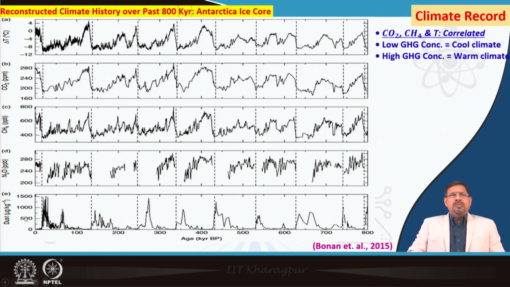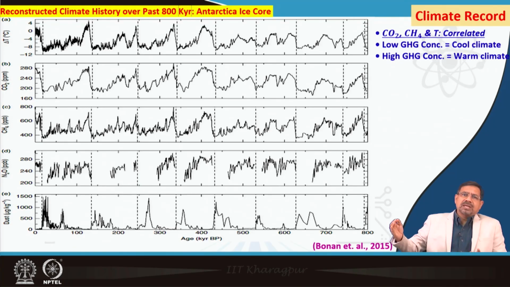Now, friends, let us move ahead, when we try to reconstruct the climate history using the information taken from the ice core from Antarctica. So, the CO2, the carbon dioxide, methane and temperature variation have been correlated, corroborated. If you can see the upper three, the top one represents the temperature variation since the past 800,000 years before present.